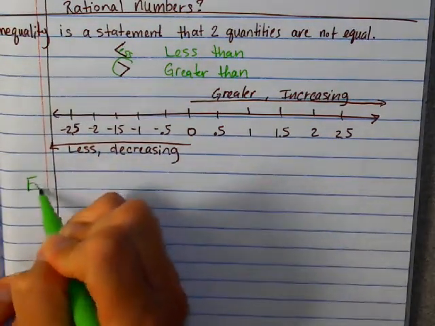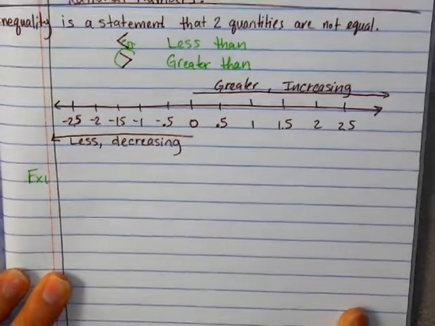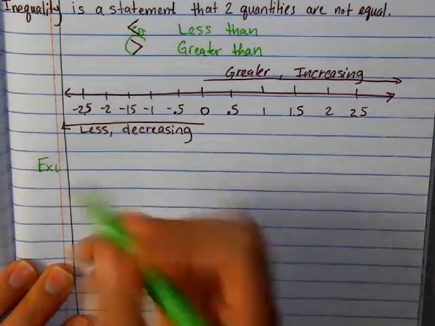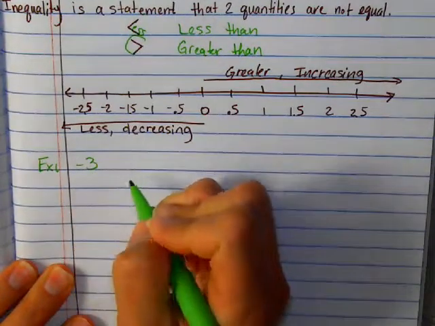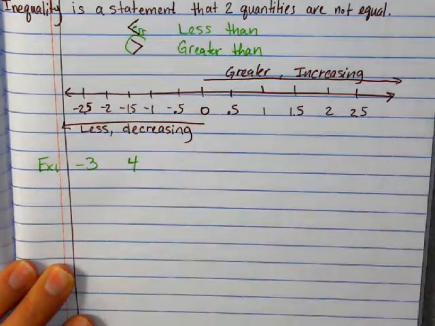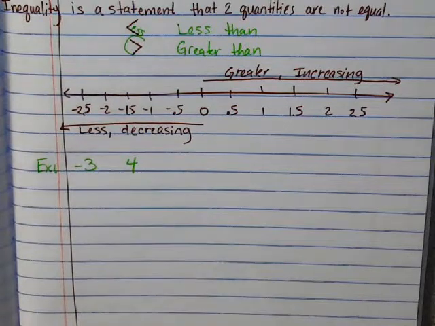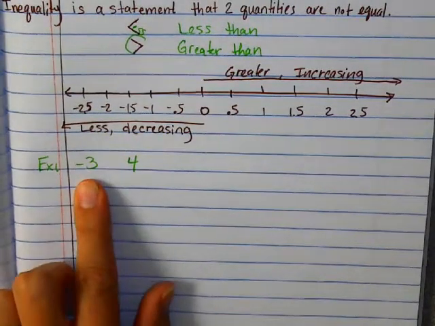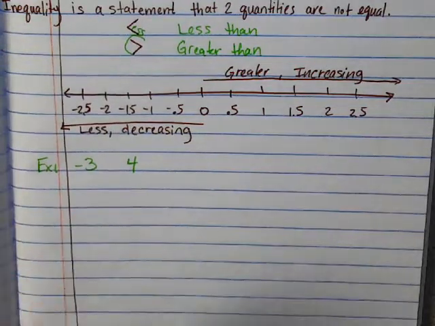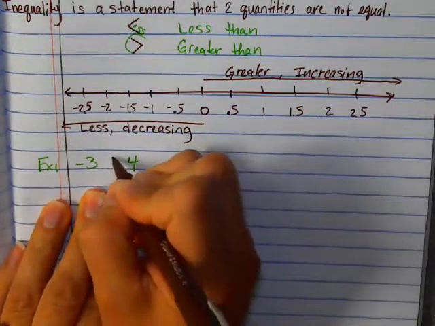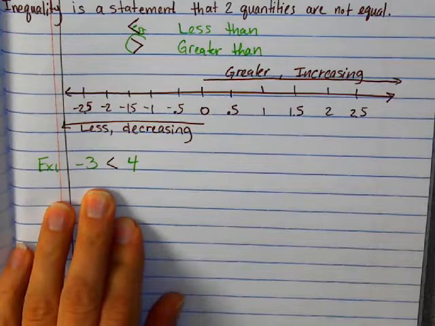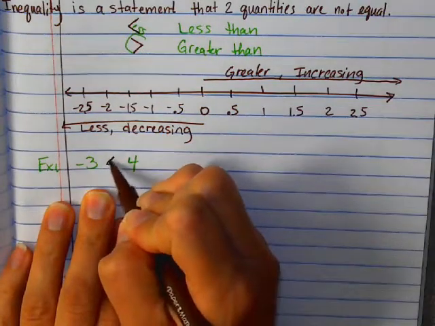Example 1. We're going to compare -3 to 4. Which inequality sign should go here? Anytime we have a negative and a positive, your negative number is always going to be less than your positive number, right? So -3 is less than 4.